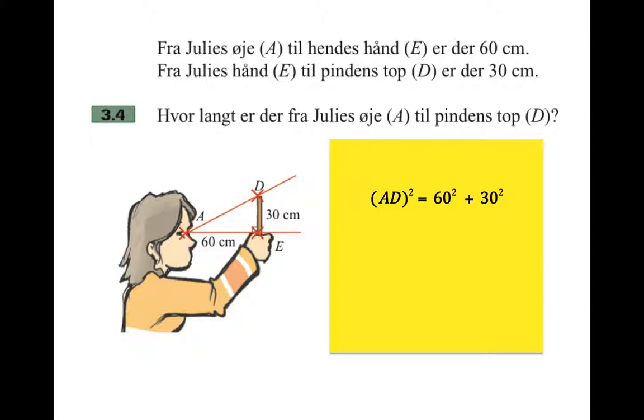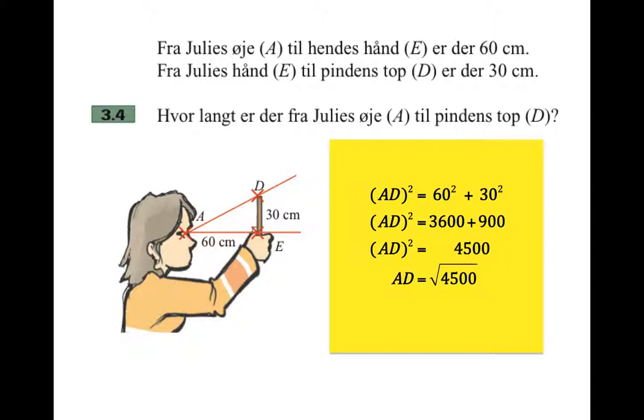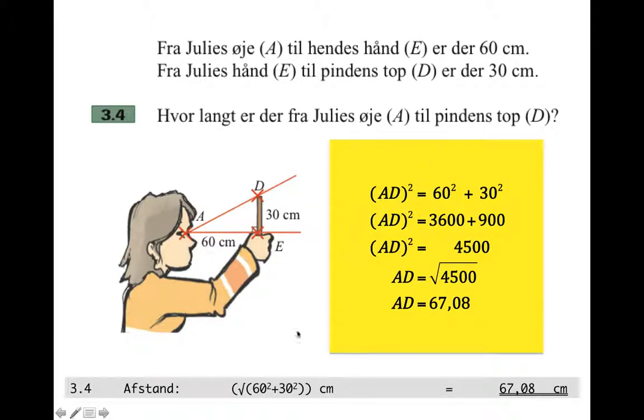So in rough here, AD squared equals 60 squared plus 30 squared, which is 3,600 plus 900. So AD squared is 4,500. So AD must be the square root of that, and that's about 67.08. So in our neat working, distance is the square root of 60 squared plus 30 squared, 67.08.